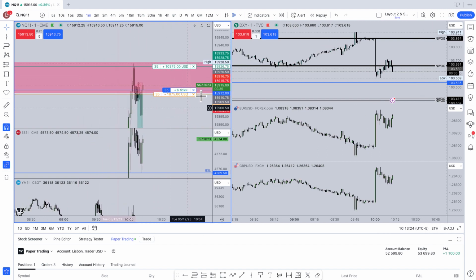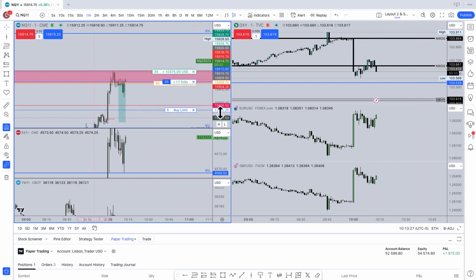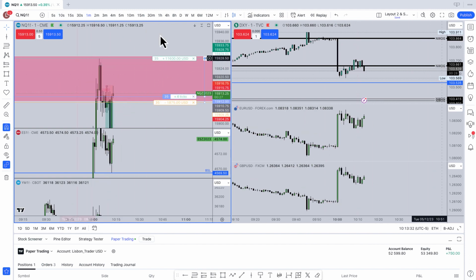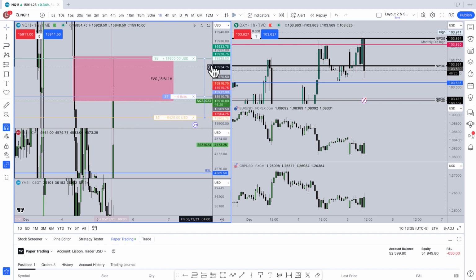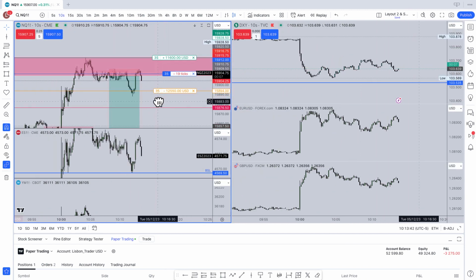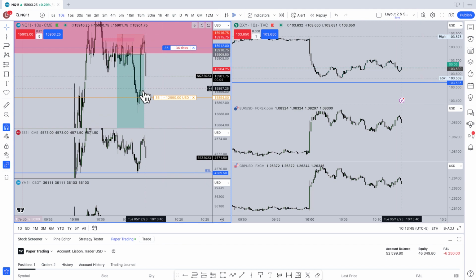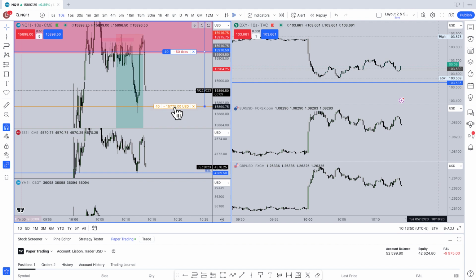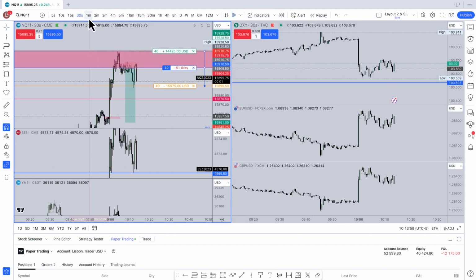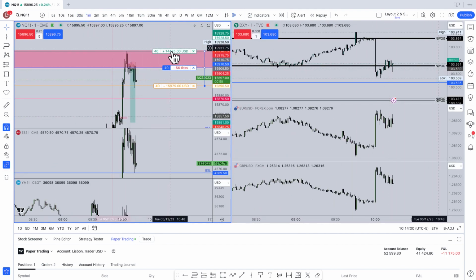This is not a return to the fair value gap, I would say. This is just going higher. Or is it a return? Yes, it was the return. Came above, so down, up.